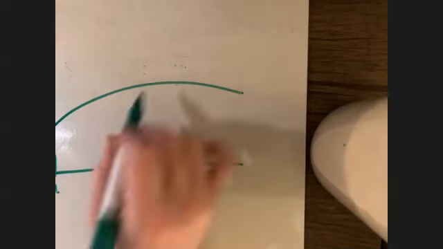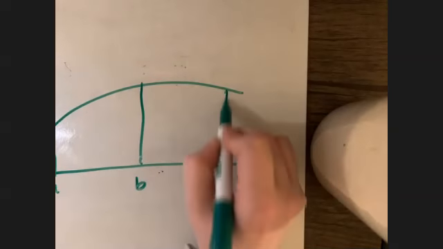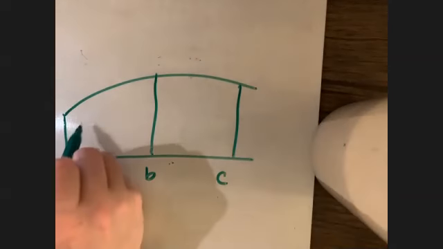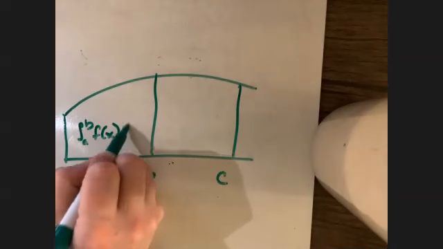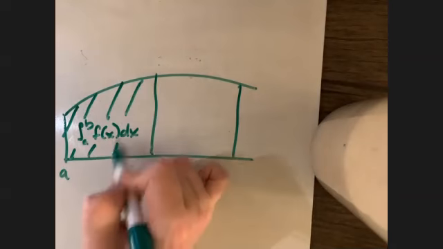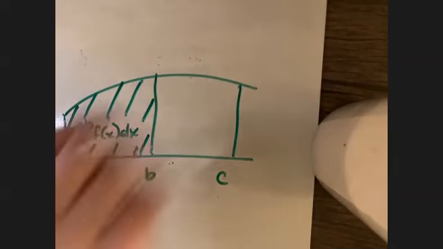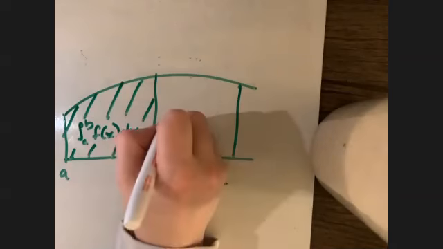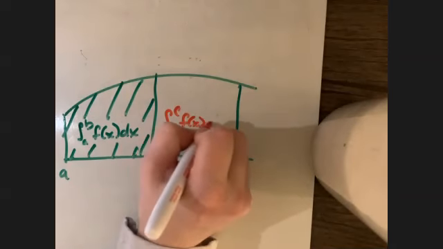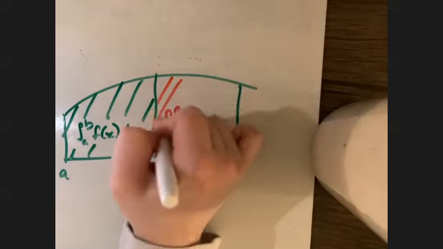So the idea here, I'm going to talk about that one. If this is a and b, and then this is c, the integral from a to b of f of x dx is this area. The integral from b to c of f of x dx is all of this.